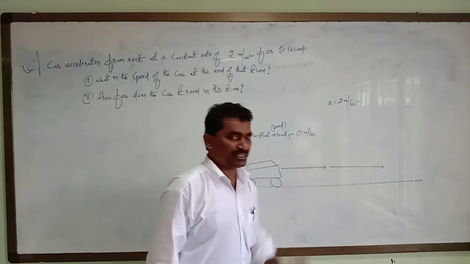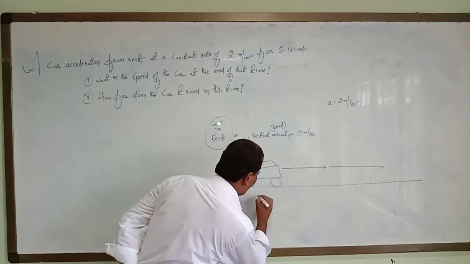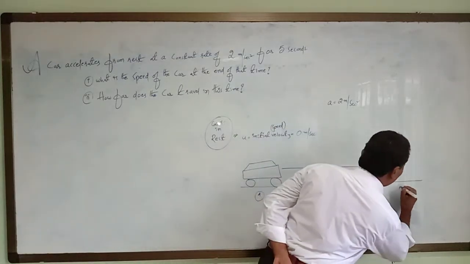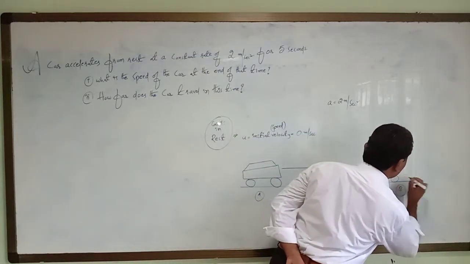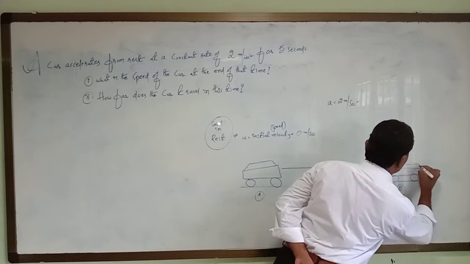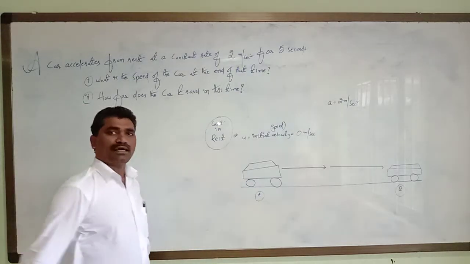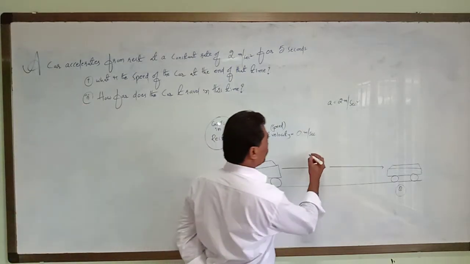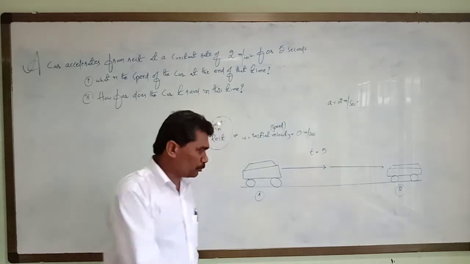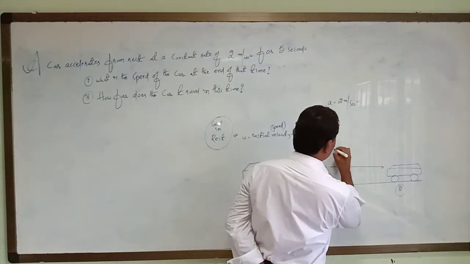Car moved for 5 seconds. Let us assume the car moved from a particular point A to point B. The time taken by the car to move from point A to point B is 5 seconds.